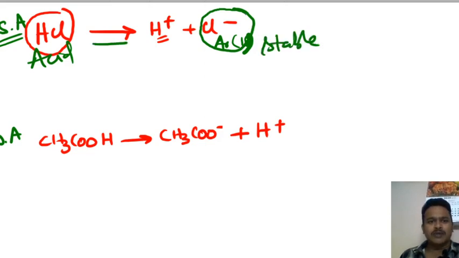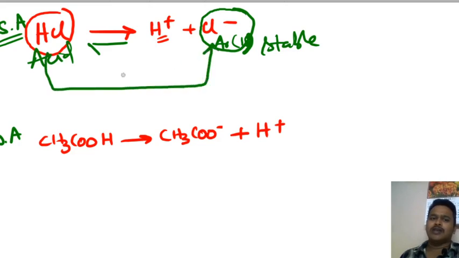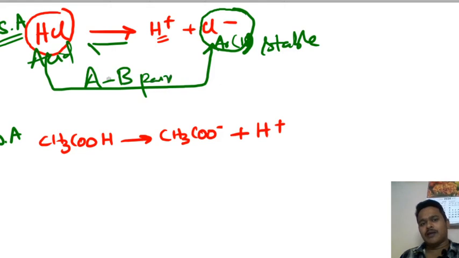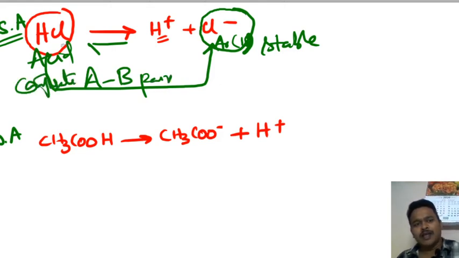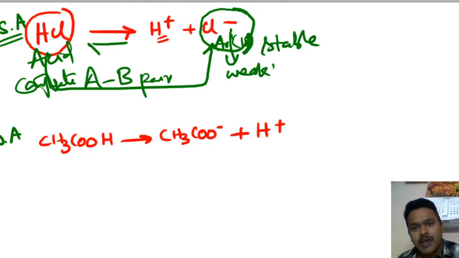Then observe the reverse reaction. The acid HCl and its conjugate part Cl minus are called a conjugate acid-base pair. This is an acid, so this is a base. A strong acid means a weak conjugate base. Why weak base?